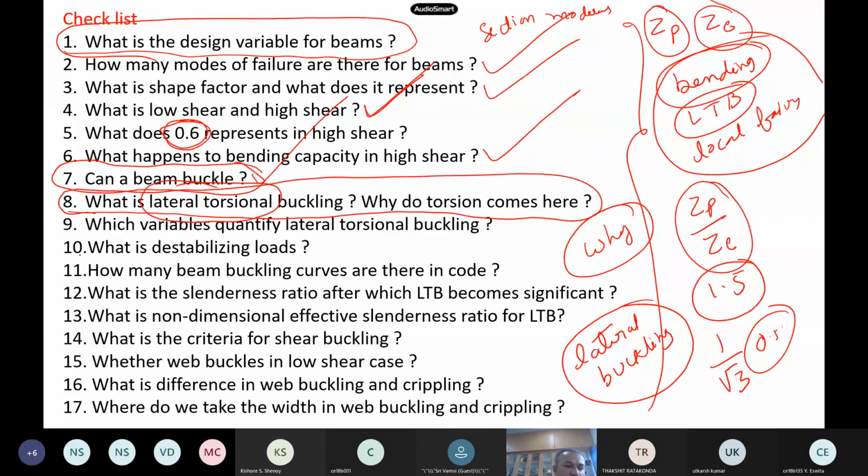Now what variables quantify lateral torsional buckling? That MCR formula you remember, what are the important ingredients in that formula? Torsional rigidity. Excellent. GJ, then?